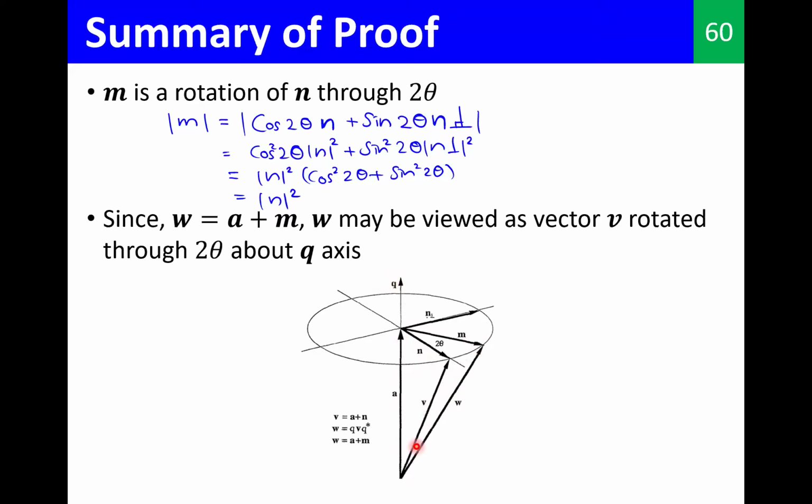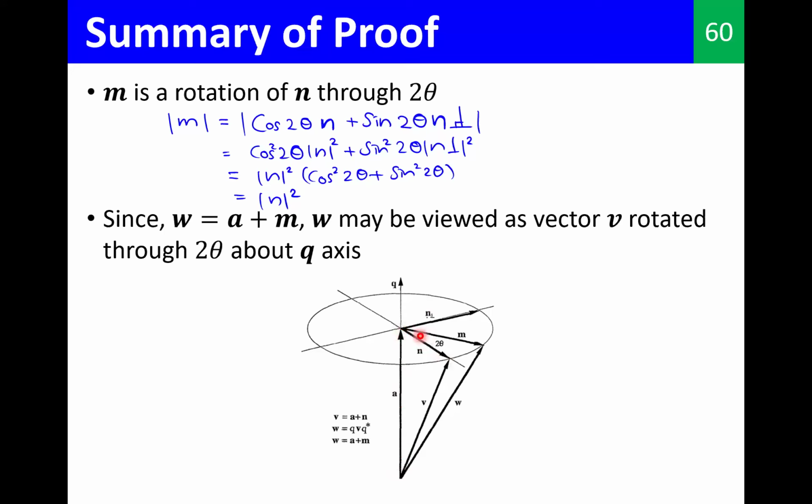So basically my vector v can be given by this projection a plus the orthogonal part n. So v is a plus n. In the mathematical proof, what we will show is that this a part, when it undergoes the quaternion q, will remain the same. That's basically correct, right? Because a is projected on the axis, a will not rotate, it will just remain the same.